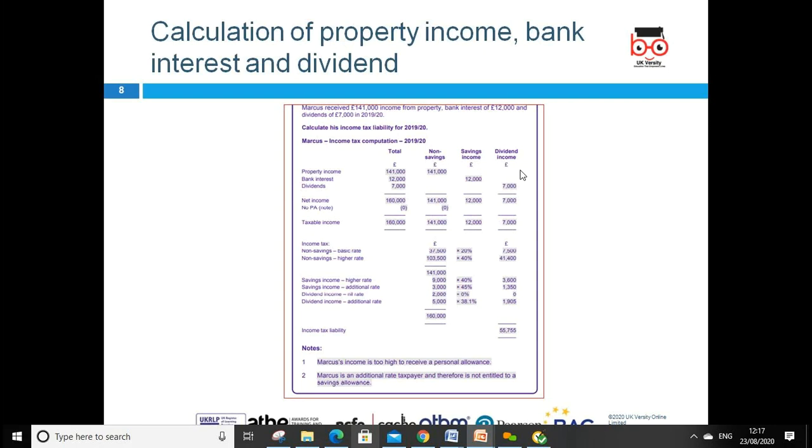If you subtract that from 12,500, it is 0. So there is no allowance. We need to be careful, so that's why there is no personal allowance in this case.